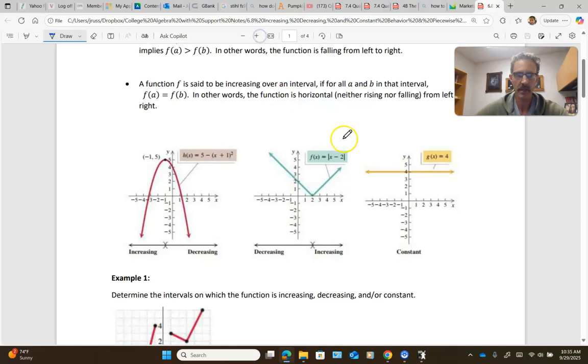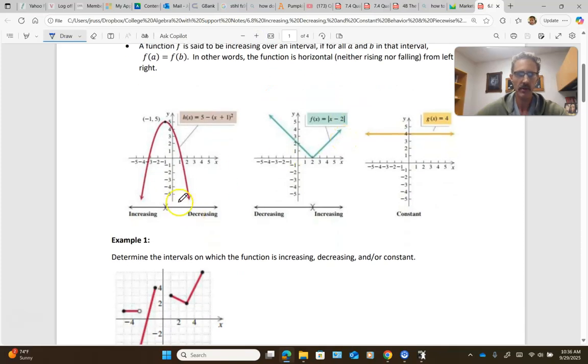Here are those 3 examples we saw at the beginning of 7.5. This function is increasing from negative infinity all the way to -1, because that's where the maximum is. And then from -1 to positive infinity, the function is decreasing. Similarly for this absolute value function, and then this is just a constant function right here.